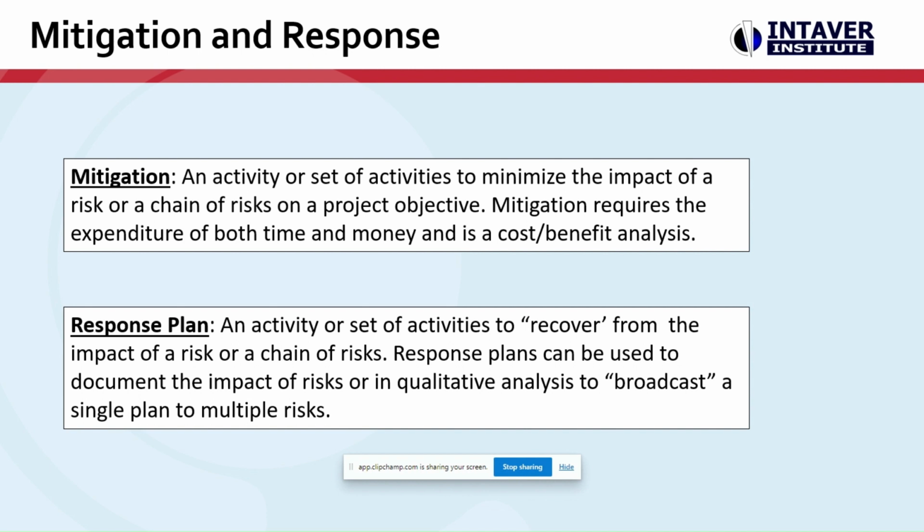What we're going to try to do is buy them down, which means we're going to try to minimize the impact by spending time and money. It is, again, a cost benefit analysis. How much money and time can we spend to bring down a risk? And at some point, that could go into the negative.